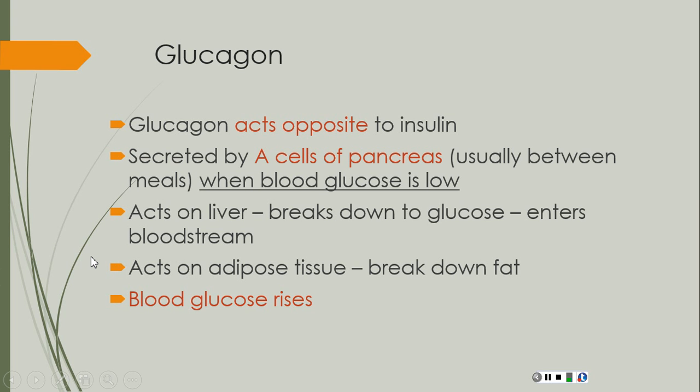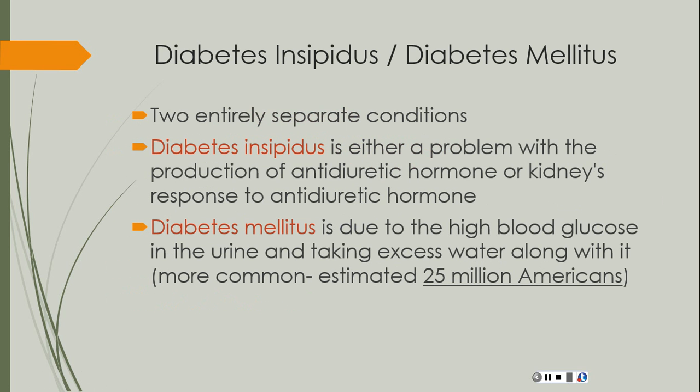And it acts on adipose tissue to break down fat. So blood glucose then as a result rises. So again, here's another negative feedback. Blood glucose is low. We have this activity that brings the blood glucose back up to its hopefully normal position.